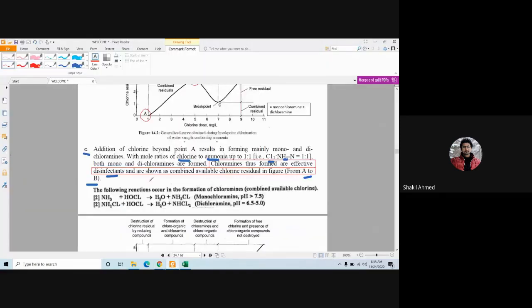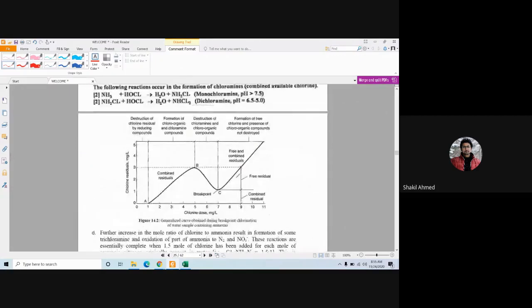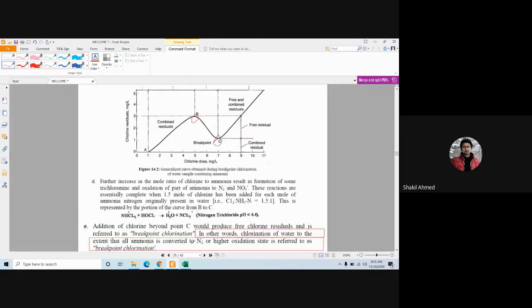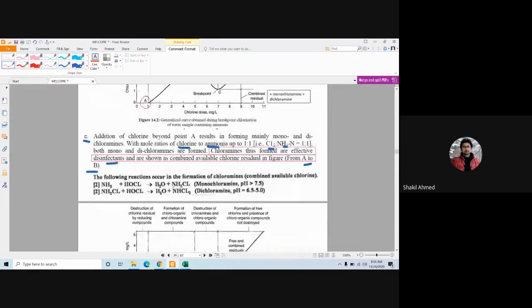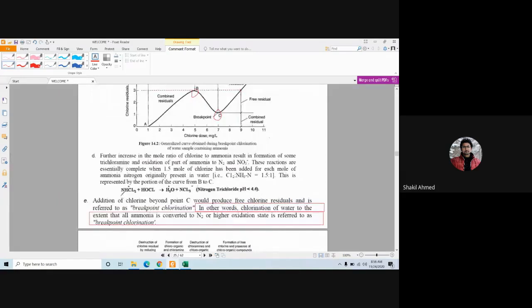Now, if chlorine concentration is higher from B to C, what will happen? Your monochloramine and dichloramine will now convert to trichloramines. So your chlorine residuals, which were mono and dichloramine, are now converting to trichloramine.